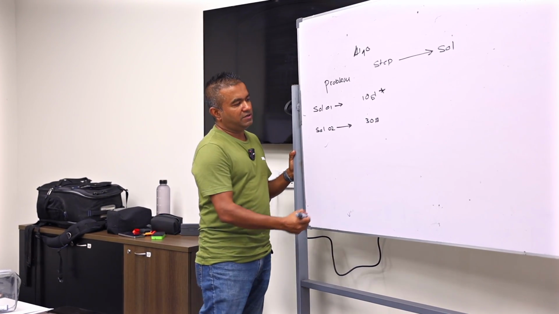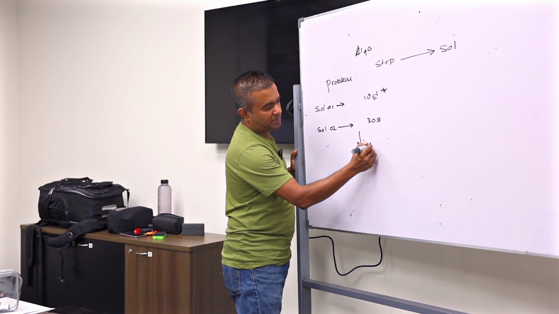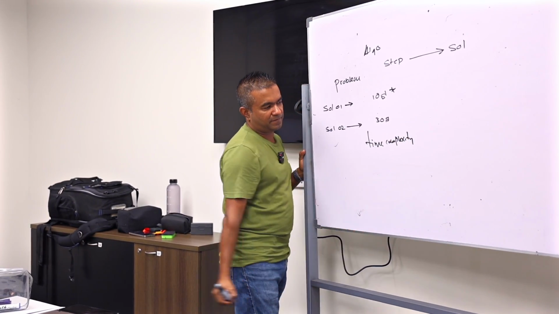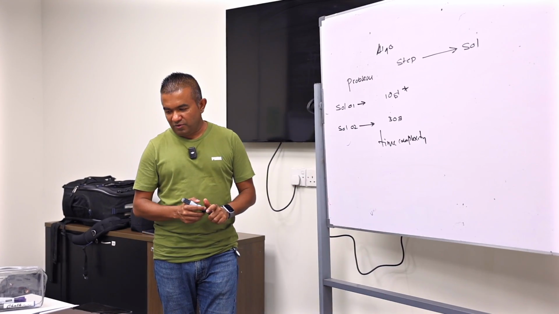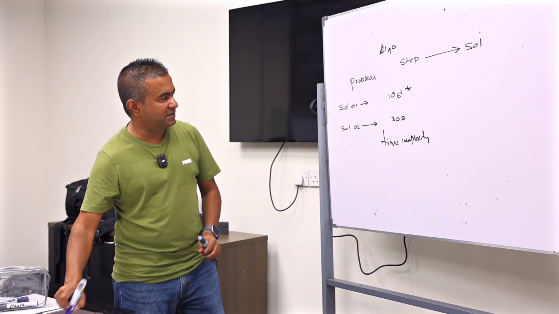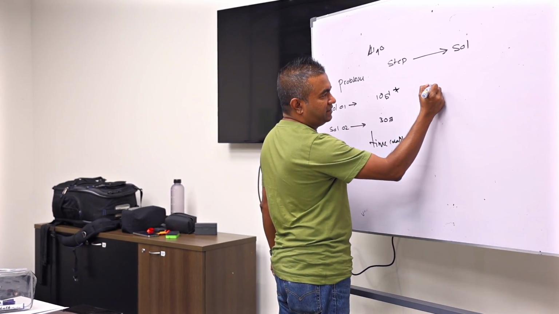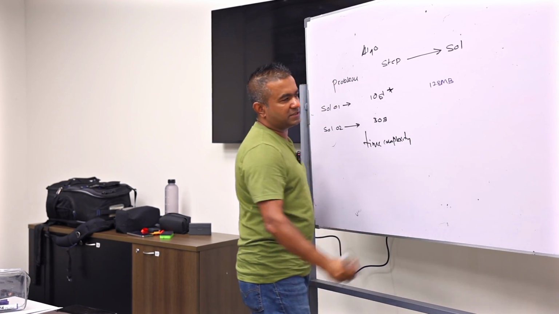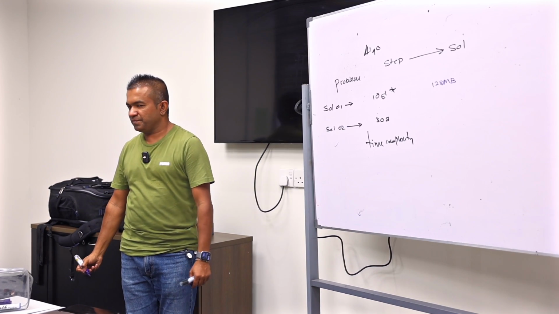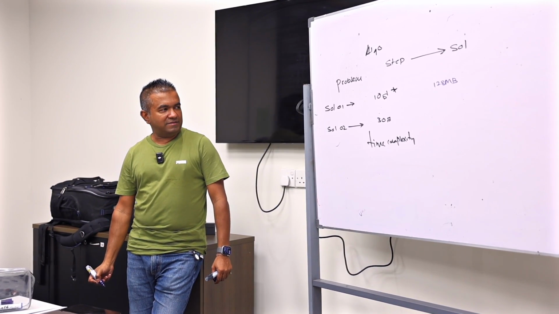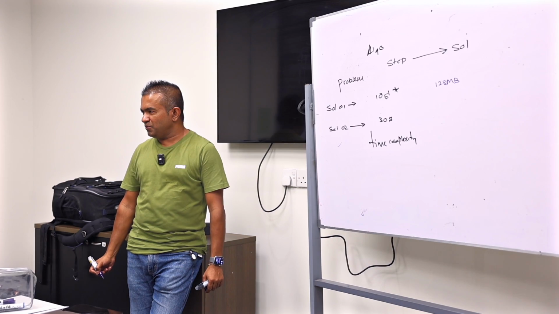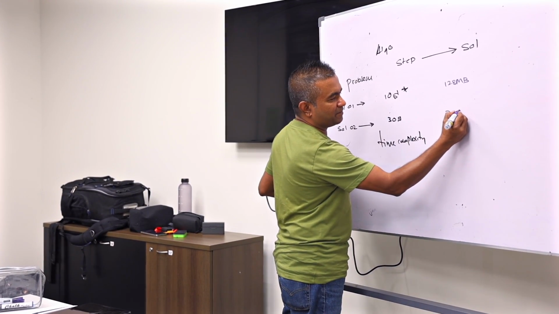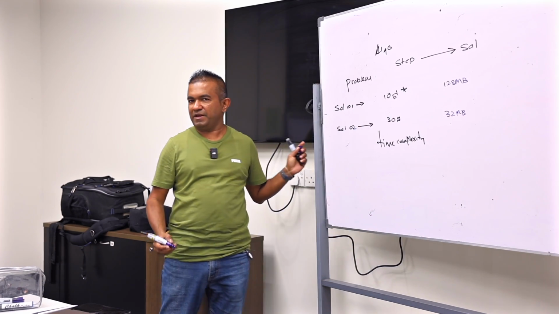So, this is what we call the time complexity of an algorithm, right. And since it runs fast, it probably needs 128 megabytes to run this solution, okay. And since this one is going slow, it might only need 32 megabytes, right.